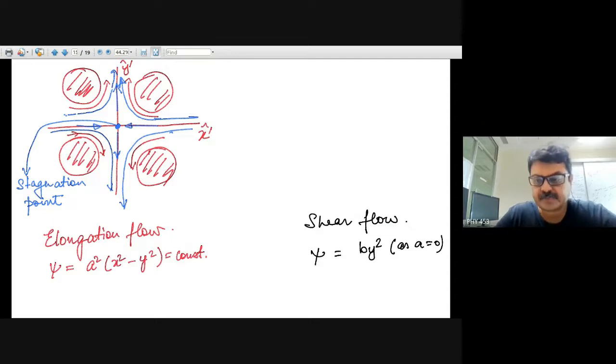Now, if you had only By square, as we saw just before, you would have only shear flow. So this is how elongational flow is realized, and one does such extensional flow to draw out plates of polymer and so on. That's a different topic. So this is just the definition.